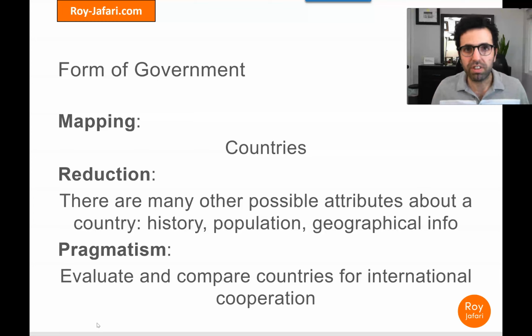Their history is different. There are a lot of different things that one could talk about and measure about a country. But here we reduce all of those and we stick with just one thing, and that's form of government. And then pragmatism. Why is this useful? Well, we could use this metric to evaluate and compare countries, and also perhaps have some summarization of the whole world as far as their form of government.